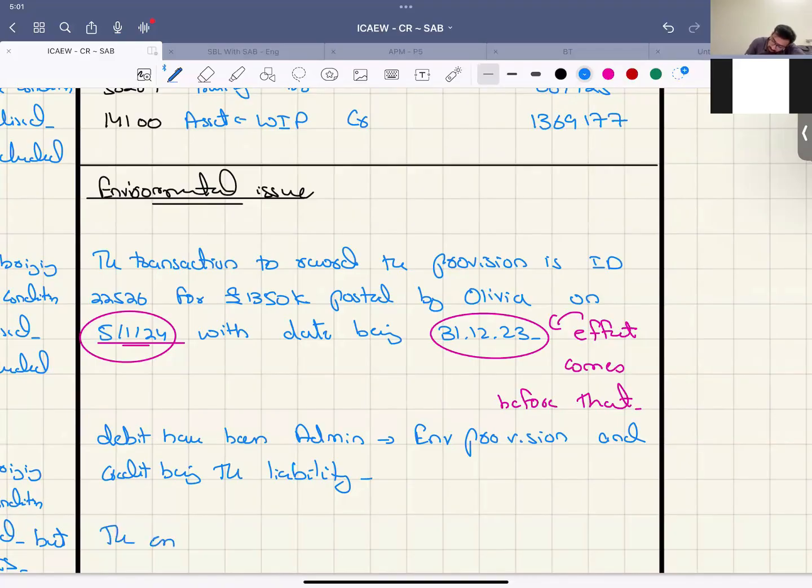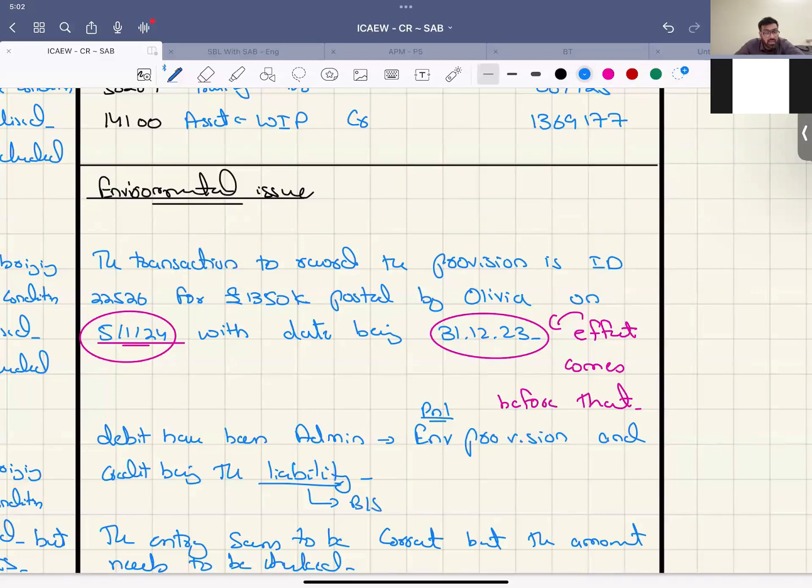The entry seems to be correct, but the amount needs to be checked. It's a P&L impact and a balance sheet impact, so it's fine.